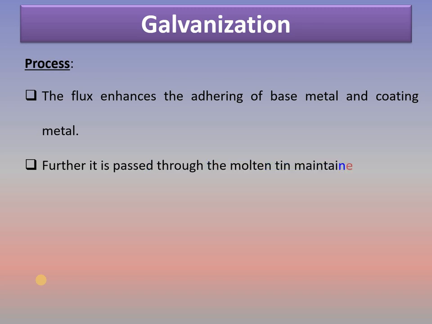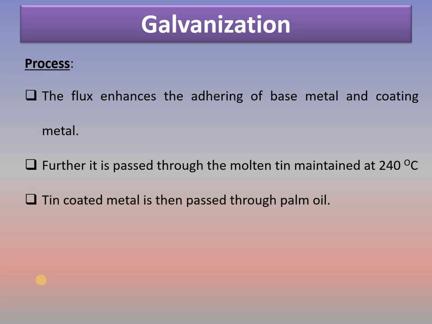Further, this article is passed through the molten tin which is maintained at 240 degrees Celsius. After passing the article through the molten tin, we will have a tin coating on the iron, which is further passed through the palm oil compartment.